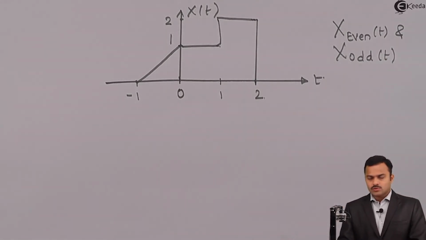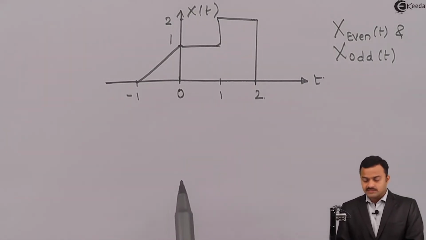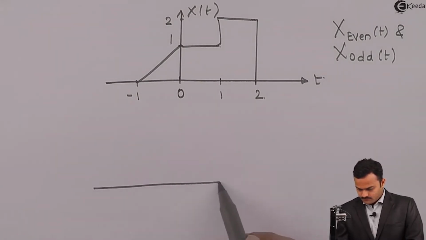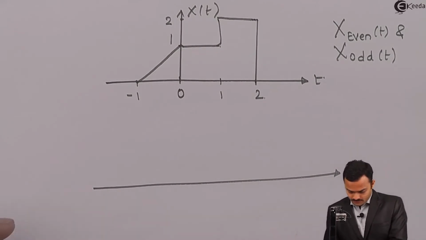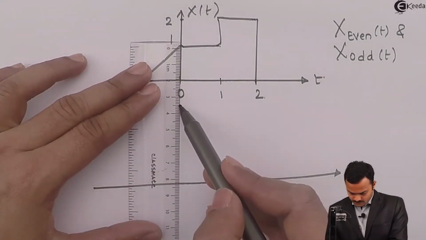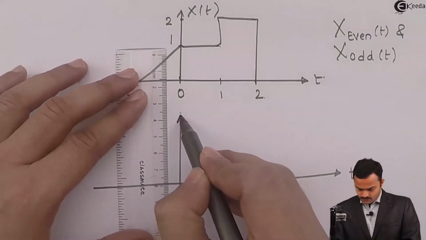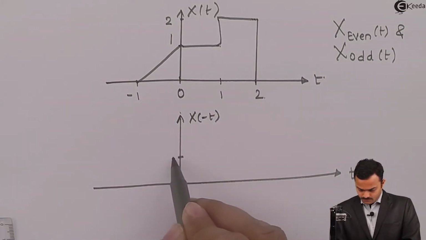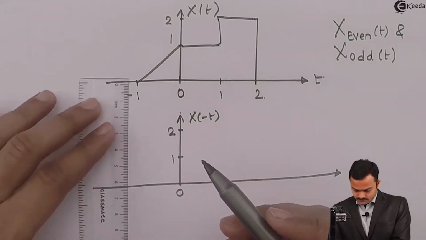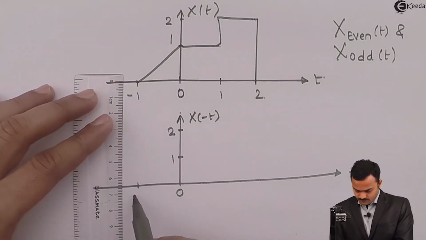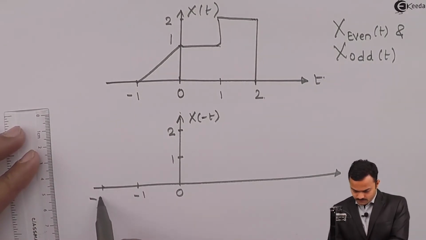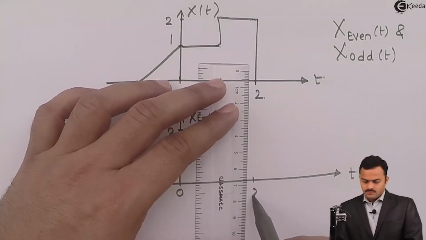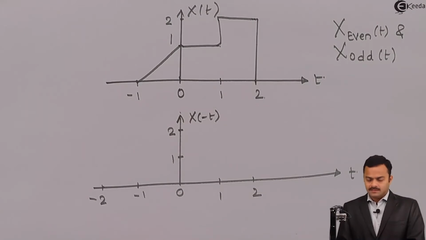Step number 1 is to get the time reverse version of this signal, which is x of minus t. So we will get a time reverse signal like this.